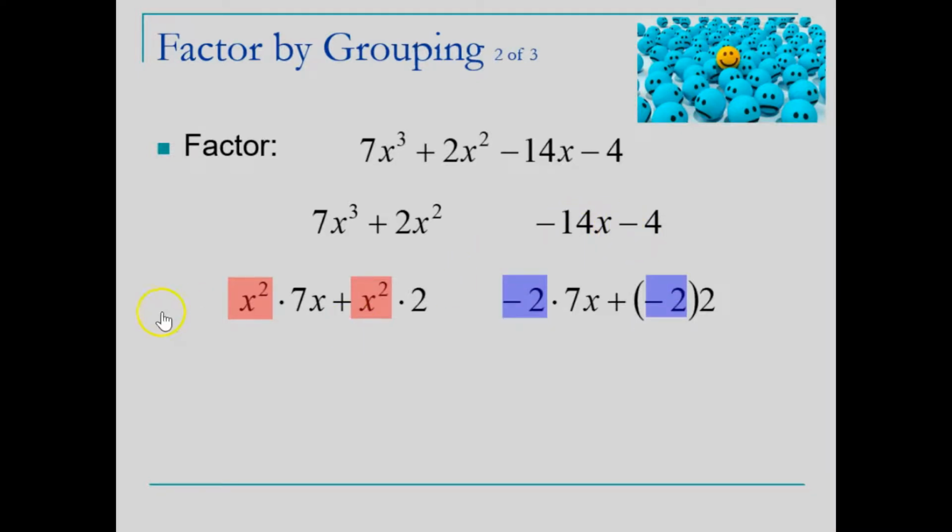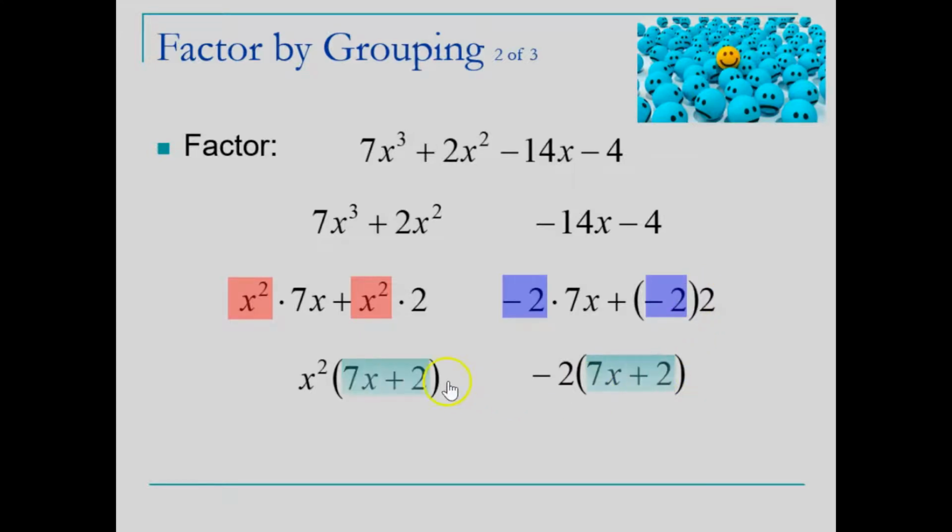When we go ahead then and factor this, using the distributive property on the first 2 terms, we have the common factor of x squared times the remaining factors of 7x plus 2. Factoring out the greatest common factor of negative 2 here leaves the remaining factor of 7x from the first term and 2 from the second term.